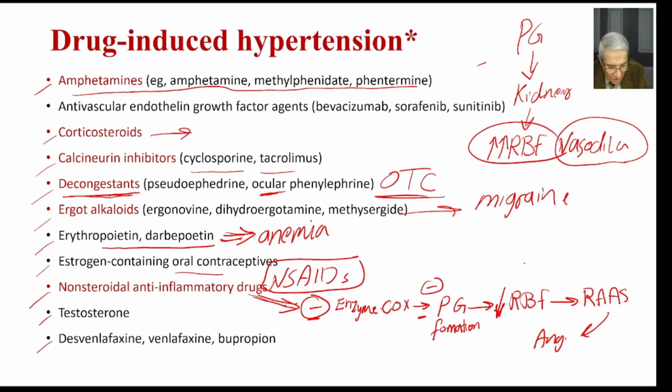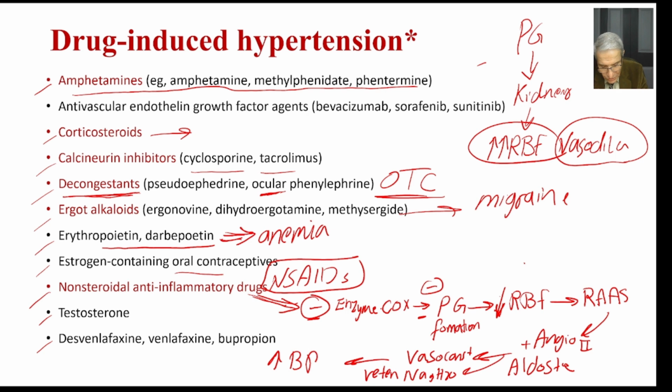Angiotensin 2 will be elevated and aldosterone will be secreted, and the result will be vasoconstriction and sodium plus water retention, and the end result will be increased blood pressure. So we explained briefly what happens with the NSAID and these consequences, but it's a very important step for the situation.